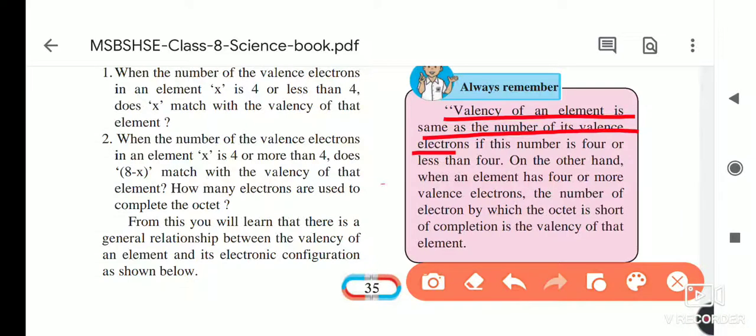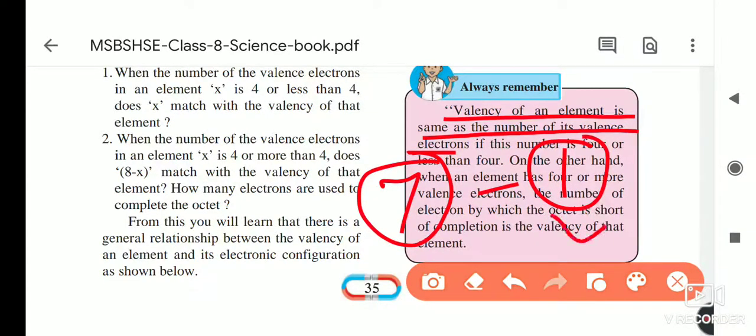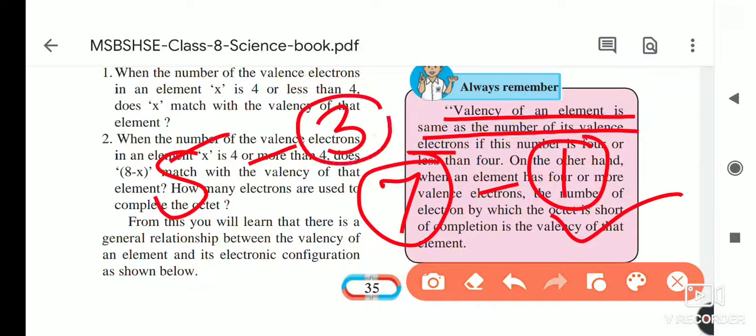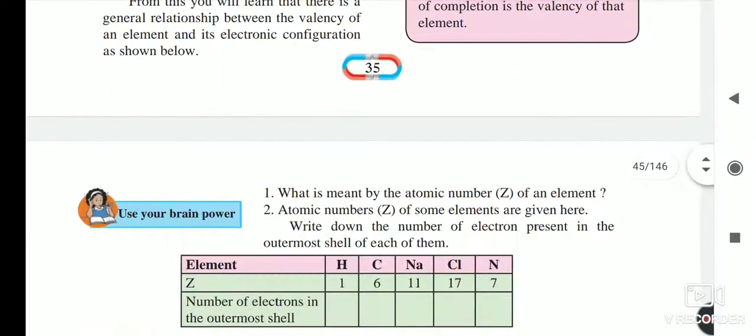For example, if 7 electrons are in the outermost orbit, to complete the octet it wants 1 more electron, so its valency is 1. If it has 5 electrons in the outermost shell, it needs 3 more electrons to complete the octet, and so its valency is 3. In this way we have to write this.